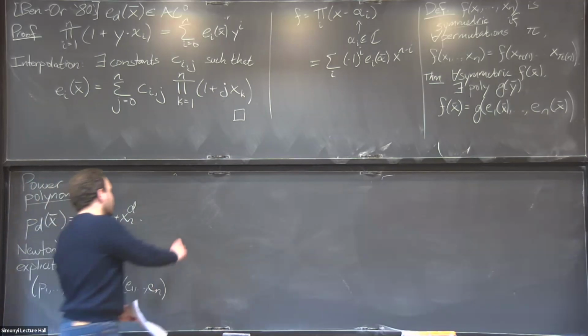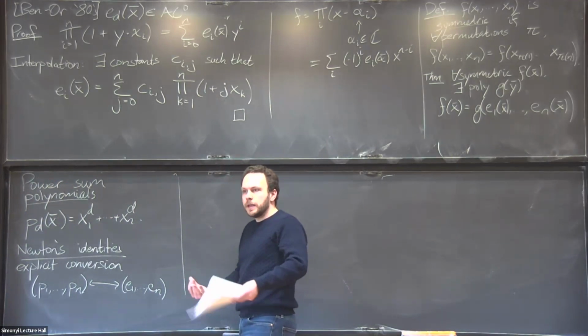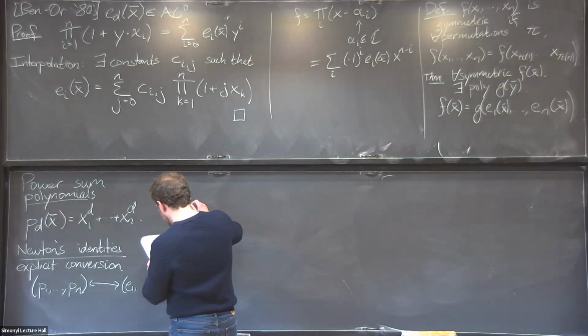And in fact, these identities are not too hard to write down. I'm going to write them down the way you would see them when you search for this on Wikipedia. So what do they look like?